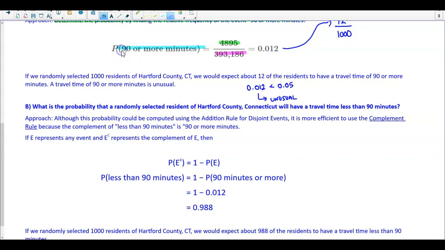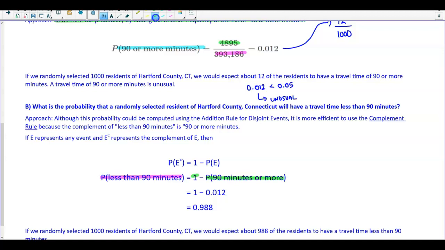So what we're looking for is the probability that it is less than 90 minutes. The probability that it is less than 90 minutes is taking 1 and subtracting the complement of less than 90 minutes, which would be the probability of 90 minutes or more.